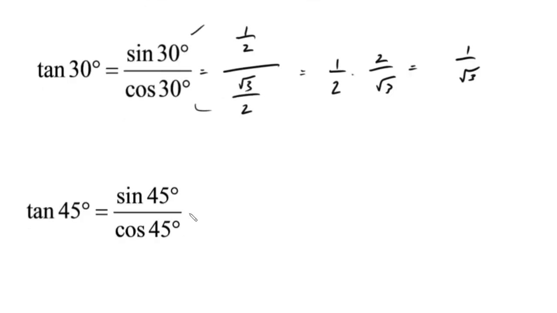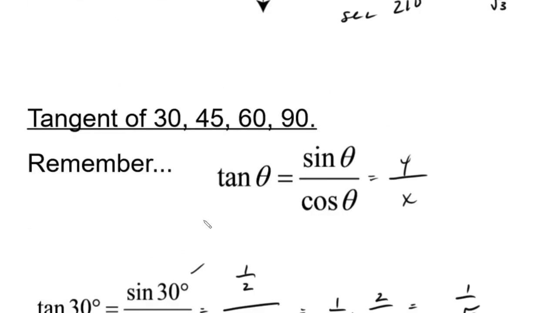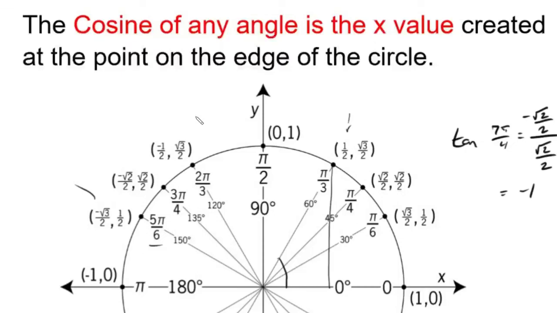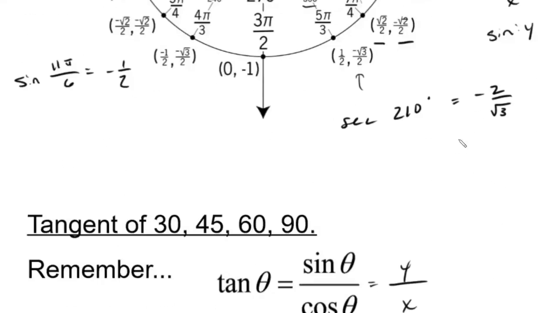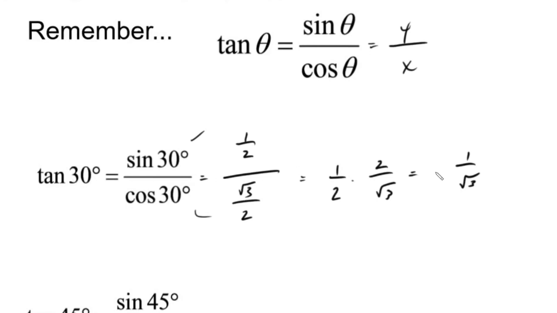Then tangent of 45 degrees. What I would do on your own unit circle, I would write down on the side common tangent angles, like I'm doing here. So I would write down tangent of 30 equals 1 over square root of 3. That is also known as the square root of 3 over 3.